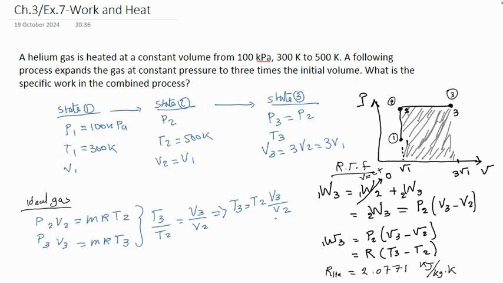So we can write temperature 3, which is equal to 3 times temperature in state 2, equals 1500 Kelvin. Now we can substitute straight away with the relation we found earlier for work between state 1 and 3.